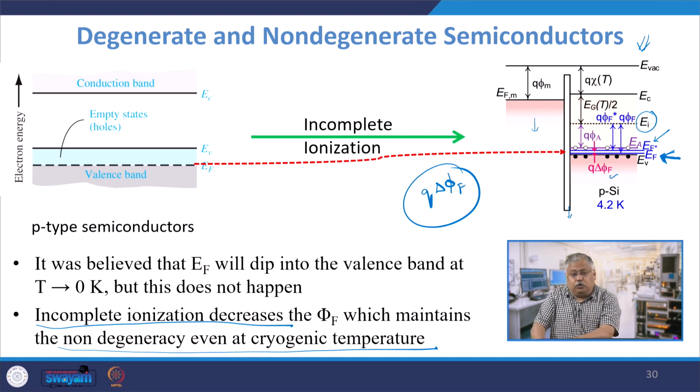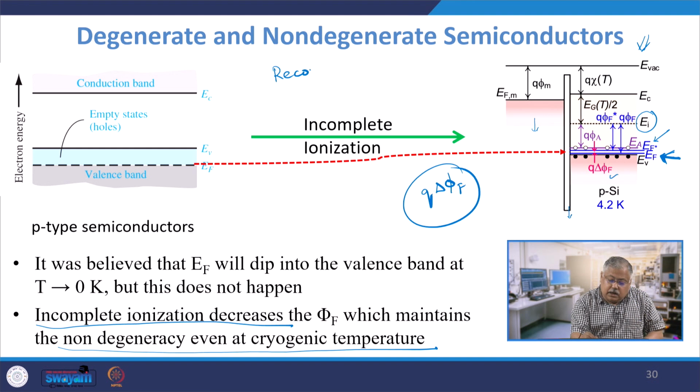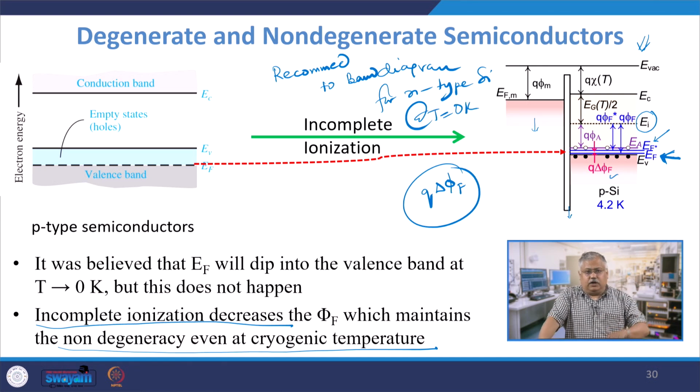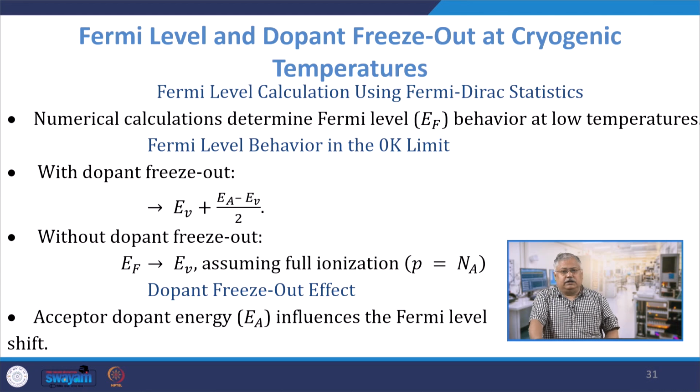This is at 4.2 Kelvin for p-type silicon. I would recommend you to please draw the same diagram. I will also recommend you to draw the band diagram looking at this for an n-type silicon at T equals 0. Correct? And that will give you an idea about degenerate and non-degenerate semiconductors.